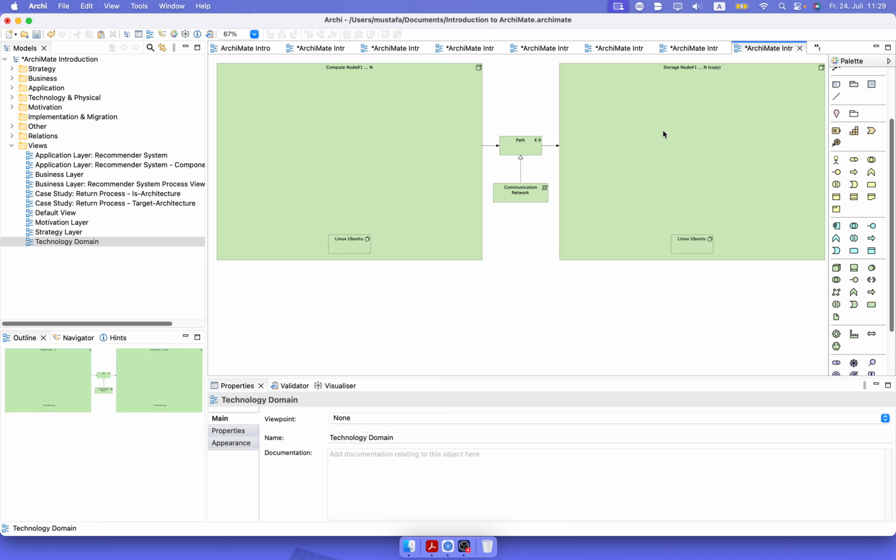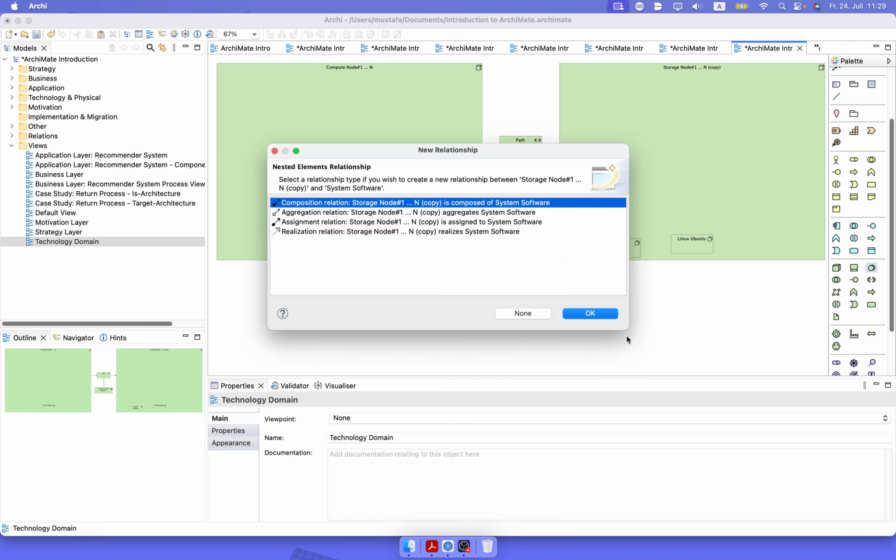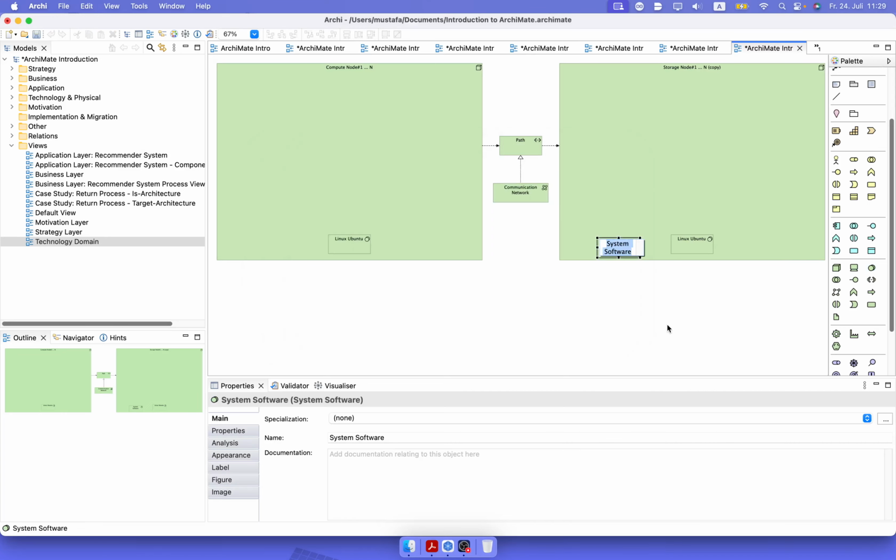On the storage node, you have a database management system. Could be MongoDB, could be Oracle. You could be very specific and say which variant you are using here. I will say just database, DBMS, database management system. This would be the backbone.